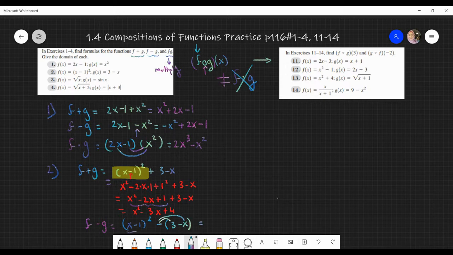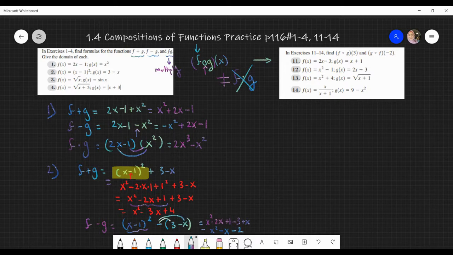I'm not going to redo this. I'm just going to, again, take the end result. So x squared minus 2x plus 1 and minus 3 plus x. And if I rearrange it, combine like terms, it will be x squared minus x and minus 2.